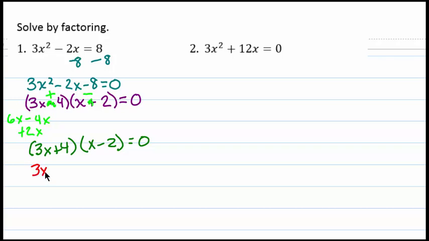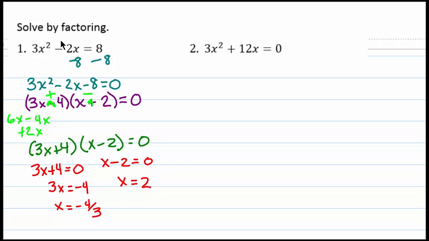So I have 3x plus 4 equals 0, x minus 2 equals 0, and then I solve my mini equations. 3x equals negative 4, x equals negative 4 thirds, and then here I have x equals 2. So solving by factoring, my solution set looks like negative 4 thirds and 2. Remember that you can always check your solutions.